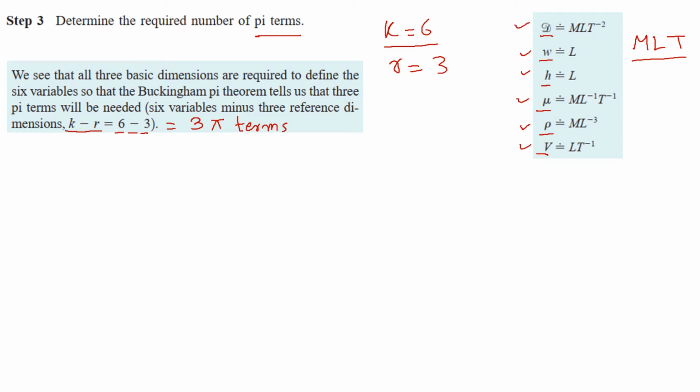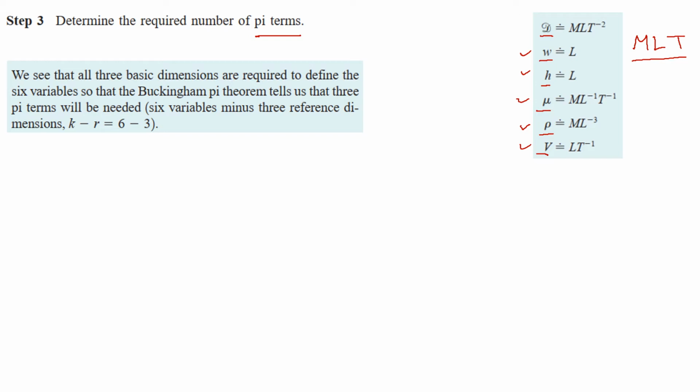And if you remember the purpose of dimensional analysis, just to repeat, dimensional analysis is done to reduce the number of experiments and to form our dimensionless terms that will be used to see the effect of the variables on a particular dependent variable.